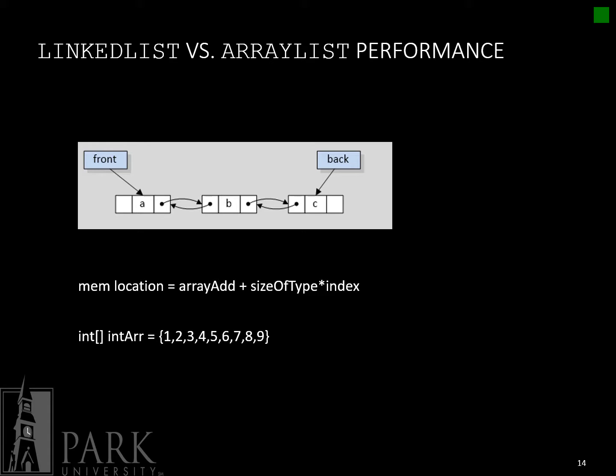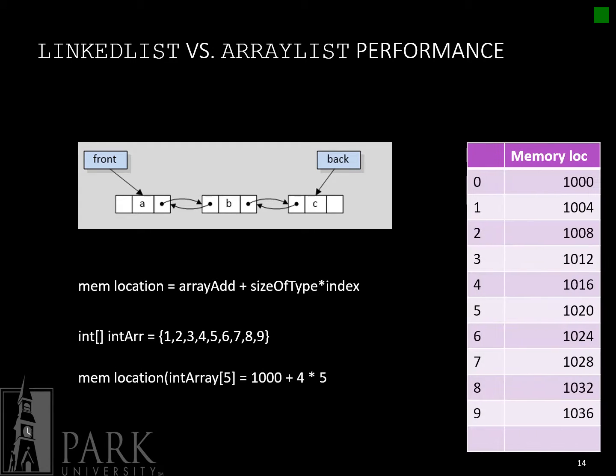If we started at 1000, it would result in a memory location of 1020 in this scenario, because we are at the 5th index and we're saying it takes 4 bytes to store an integer, so 5 times 4 is 20, which is going to result in memory location 1020. So we can jump right to whatever index that we want.